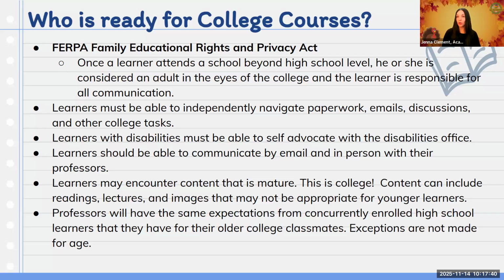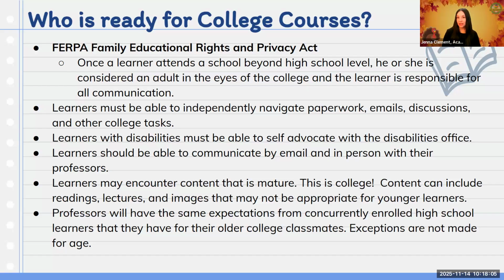Essentially, when a person, regardless of what age they are, signs up for community college, they are now the only ones with access to their records at that college. It doesn't matter if your learner is 14, 15, they will not speak to the parents regarding anything educational based, unless your student signs a FERPA release form allowing the college to speak to their parents.